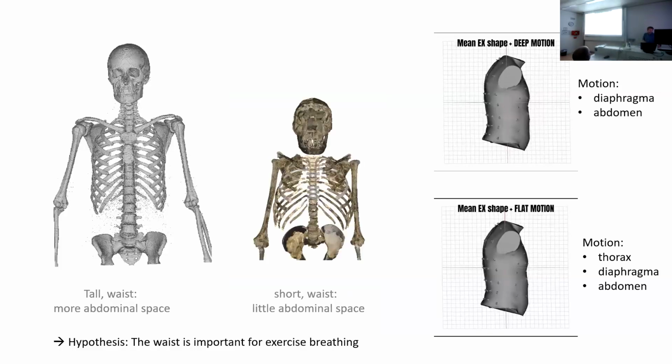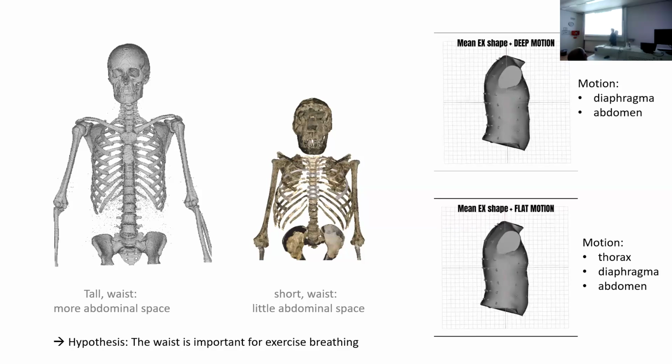And this is interesting because if we now compare these breathing patterns of the deep versus the flat, and we consider that this is a flat configuration and this is a deep configuration, all the abdominal muscle action carried out in the simulations, in the analysis of our experiments, would somehow be affected by the absence of the waist.